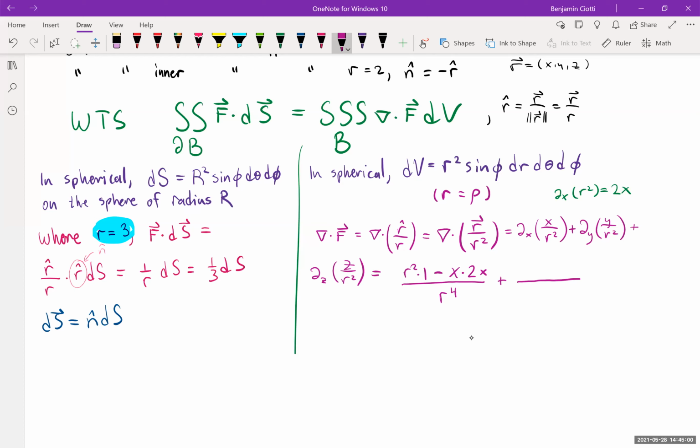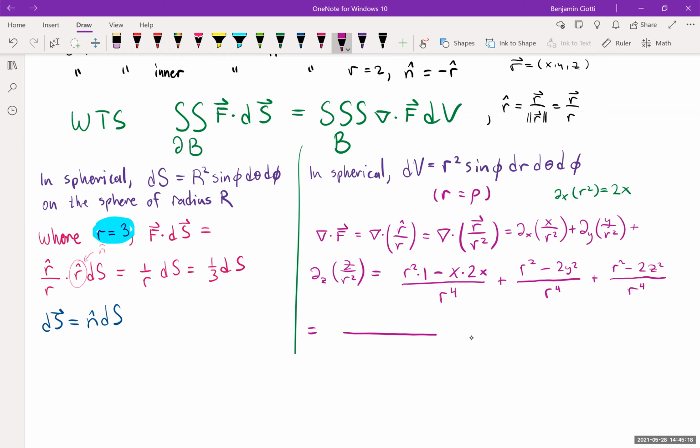Well, anyway, it looks like by symmetry with the first term, the second term will be r squared minus 2y squared over r to the fourth. And then r squared minus 2z squared.